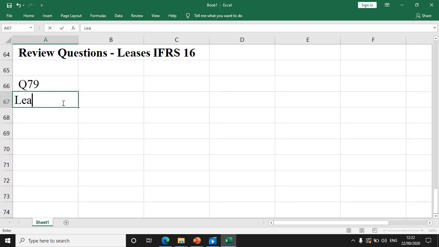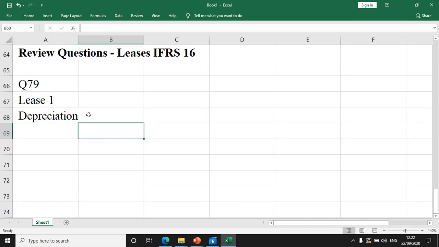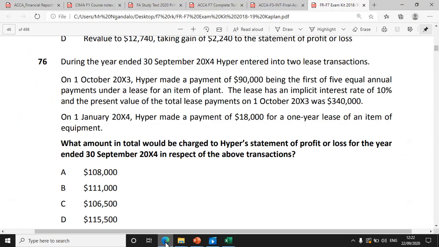Okay, so lease 1. We need to establish the depreciation for the right of use asset. I hope that you can follow what I'm doing here. Depreciation will be equal to the asset, the minimum lease payments, at 340,000.